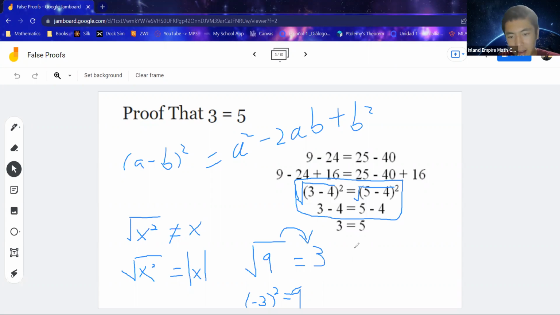So for another example, say that we're trying to find the square root of 16. In that case, the answer is 4. And you would say, hey, but -4 squared is also equal to 16. So how come the answer has to be 4?